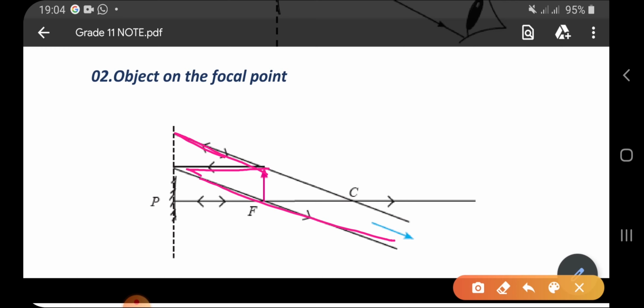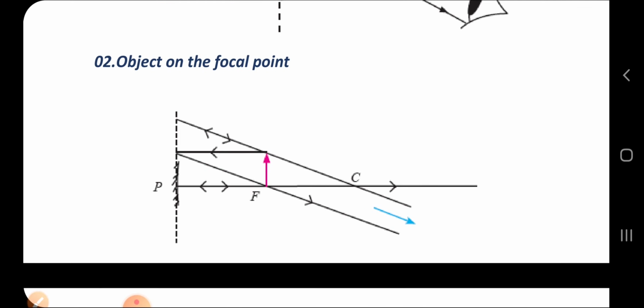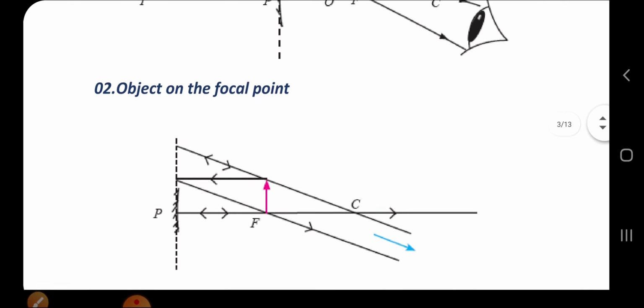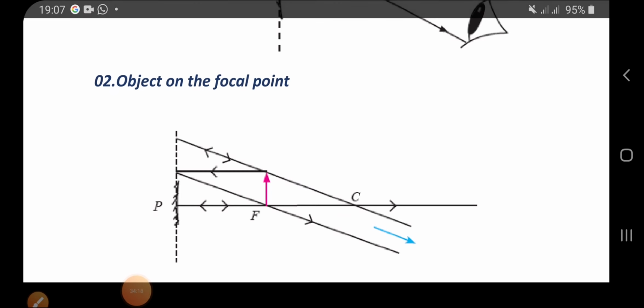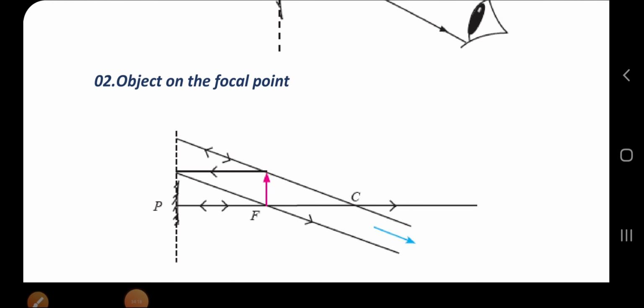So we say the image is formed at infinity. For an image formed at infinity, we can't clearly state the nature of that image. As you did before, you can draw dotted lines behind this mirror, so those will also be parallel and will also meet at infinity.